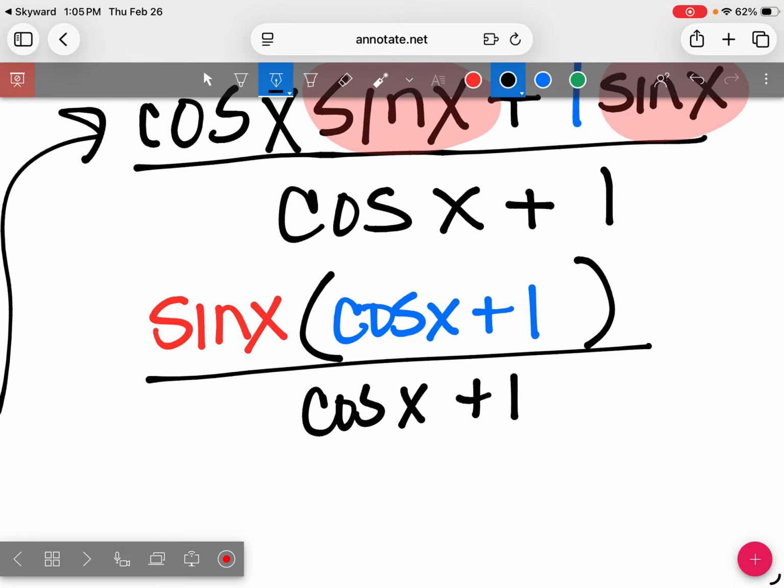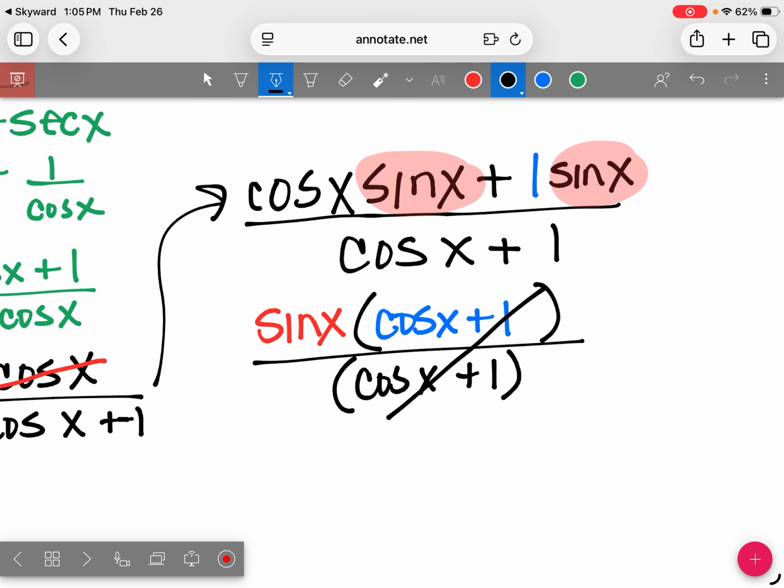So again, we just keep making turns until we run out of things we can do. Now something else is going to go away because this is a group. This is a factor. They can both go away. So my final answer, my dead end, is sine.